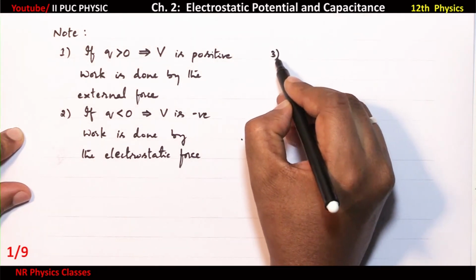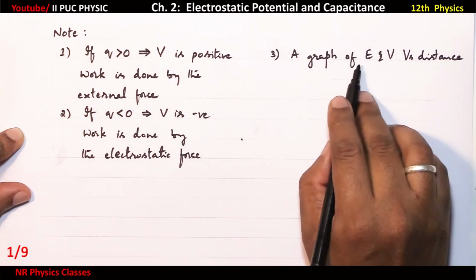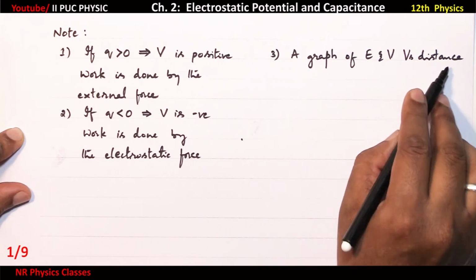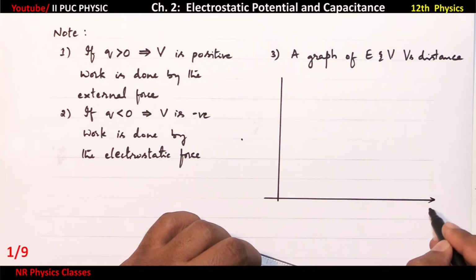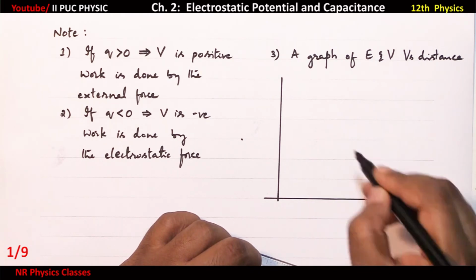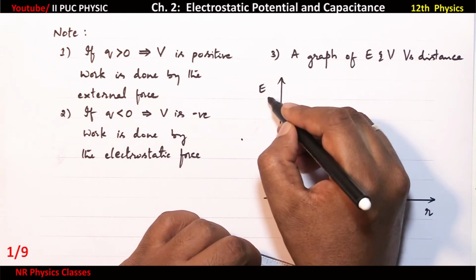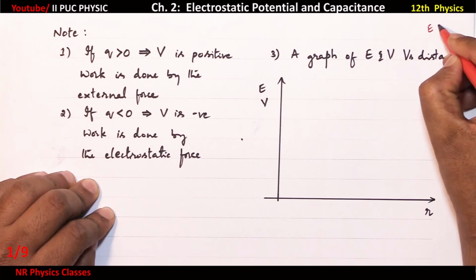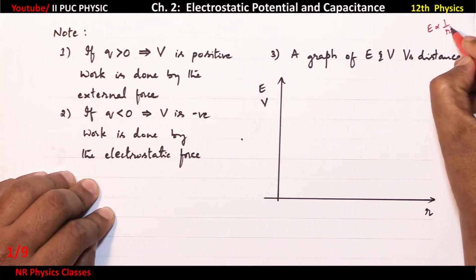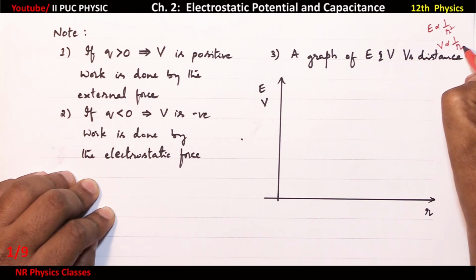Third note, a graph of electric field versus electric potential. This is distance, y-axis, electric field and electric potential. Electric field is inversely proportional to square of the distance. Electric potential is proportional to 1 by r.